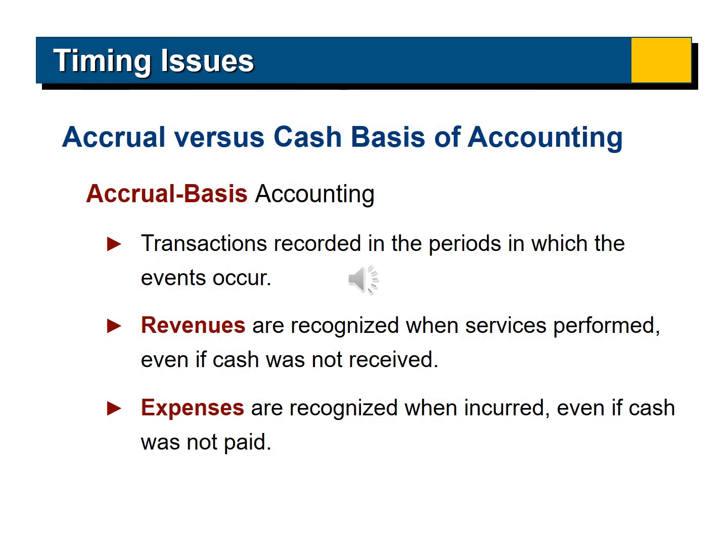There are two bases of accounting. One is the accrual basis and the other one is cash basis. In accrual basis accounting, revenues are recognized when services are performed, and the expenses are recognized when they're incurred in the same period when the revenues are earned that are related to those expenses, which we just discussed.